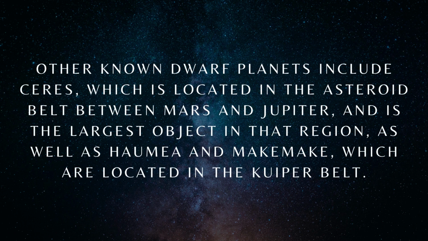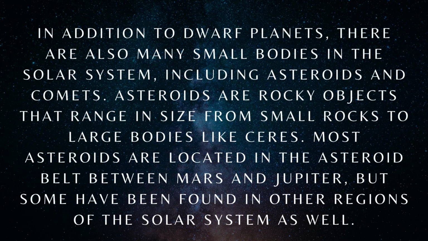Other known dwarf planets include Ceres, which is located in the asteroid belt between Mars and Jupiter, and is the largest object in that region, as well as Haumea and Makemake, which are located in the Kuiper Belt. In addition to dwarf planets, there are also many small bodies in the solar system, including asteroids and comets.